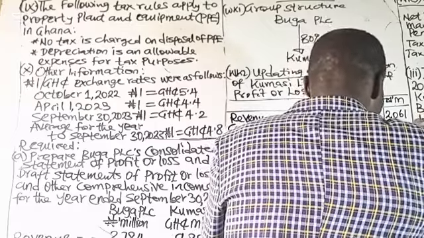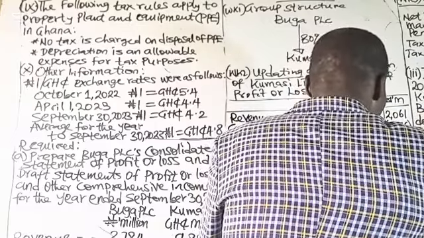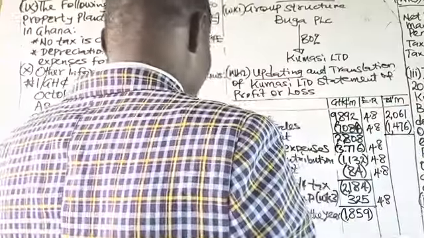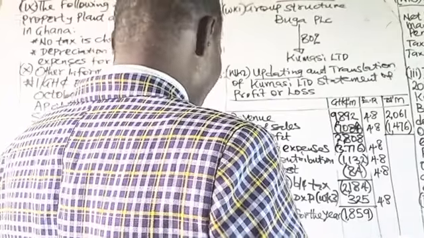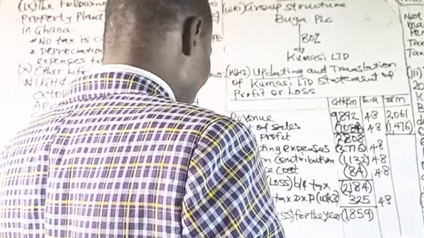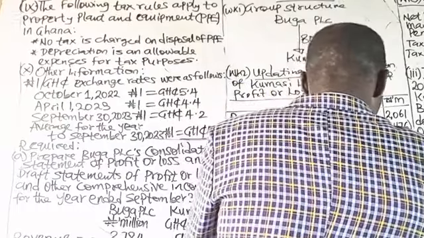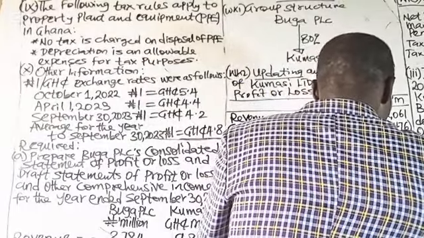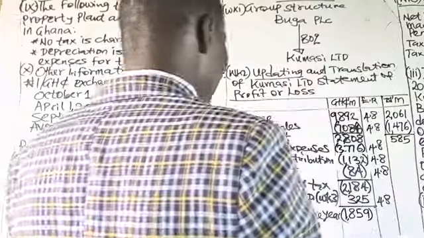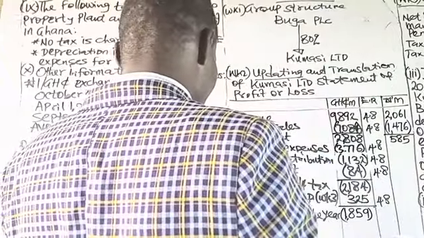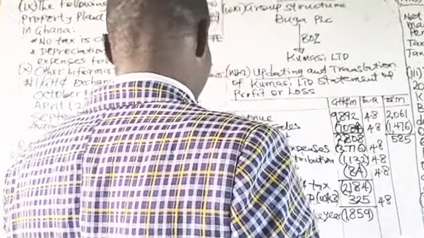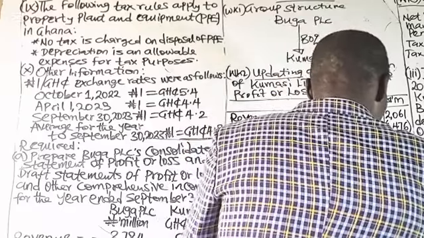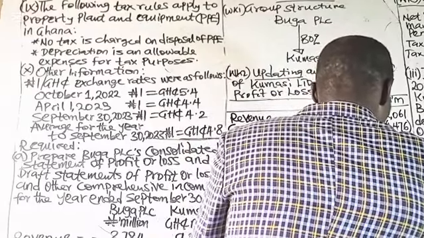1476 approximately. If you subtract that, 2061 minus 1476 gives us 585. Then 3776 divided by 4.8 gives us 787.